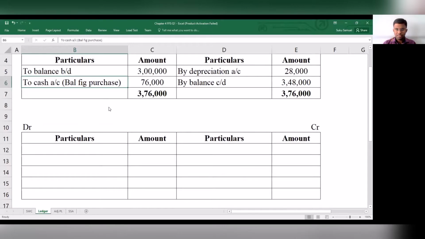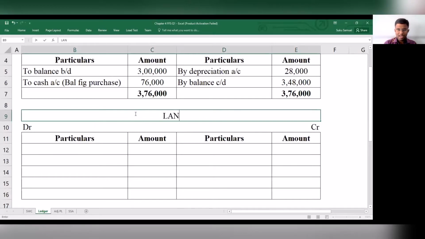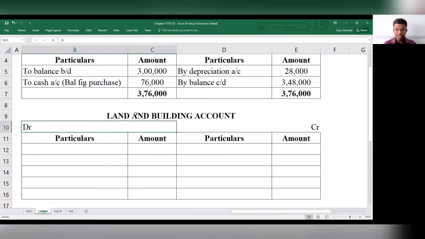Now let's move on to the next account. The next account that we have to prepare is the land and building account. Land and building account is also real in nature.